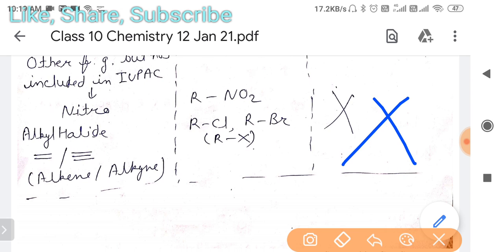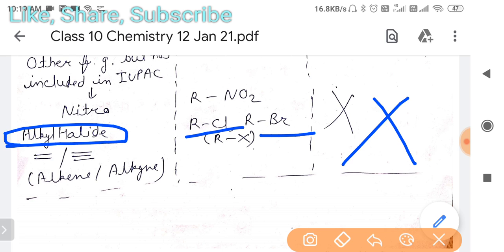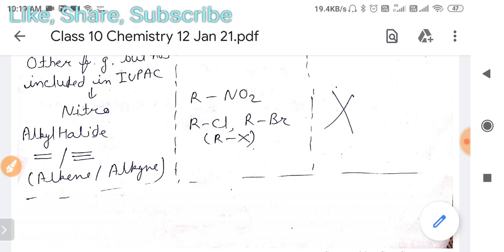Alkyl halide also: RCl, RBr, RI, which means RX, is represented by alkyl halide. So these also act as functional groups. This is just for your information, but they are not kept in IUPAC names. IUPAC doesn't consider them functional groups; they always represent the substituent only.